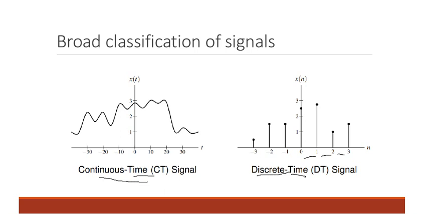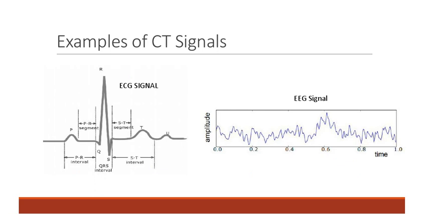Whereas in the case of a CT signal we are quite definite and sure what the value of the signal is for all instants of measuring time. So this is basically a CT signal and this is a DT signal. I hope this particular example has given you a clear insight about the first category of signals, CT signals and discrete time signals. And let us look at examples of each.